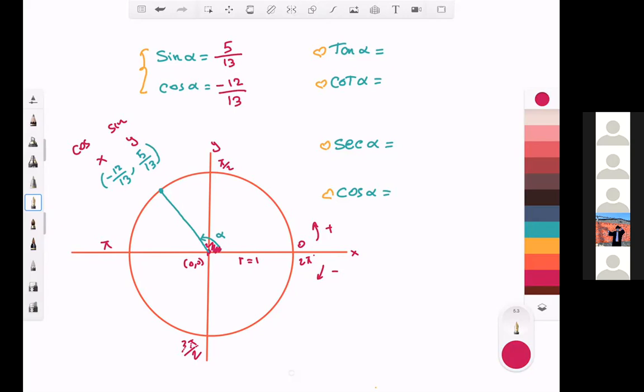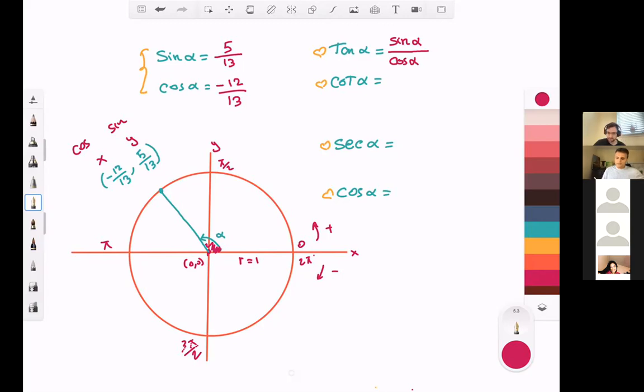Now, what is tangent of alpha? You see that when we know it, it is super easy. If you don't know it, you think it's unbelievable to solve. Tangent of alpha is sine of alpha over cosine of alpha. Also, we learned tangent is y over x on the unit circle. We have that in your note sheet.